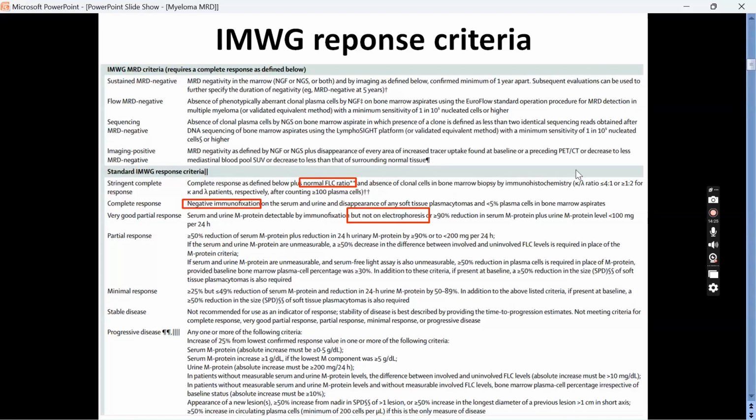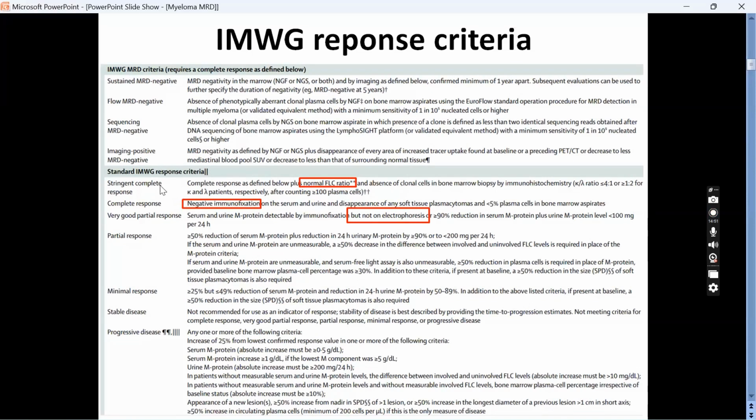This was the one present till the last publication released by the International Myeloma Working Group. But now, seeing the advancement in flow cytometry and the need for detecting residual disease much deeper than what was defined earlier as stringent complete response, they have included MRD in the response criteria.